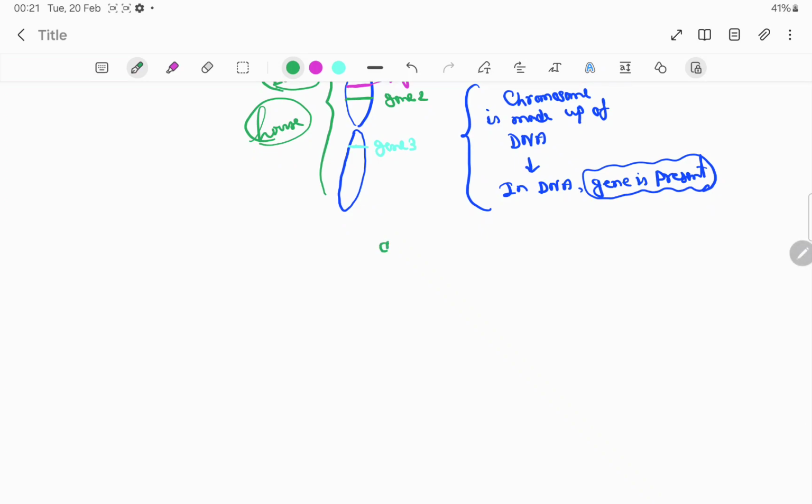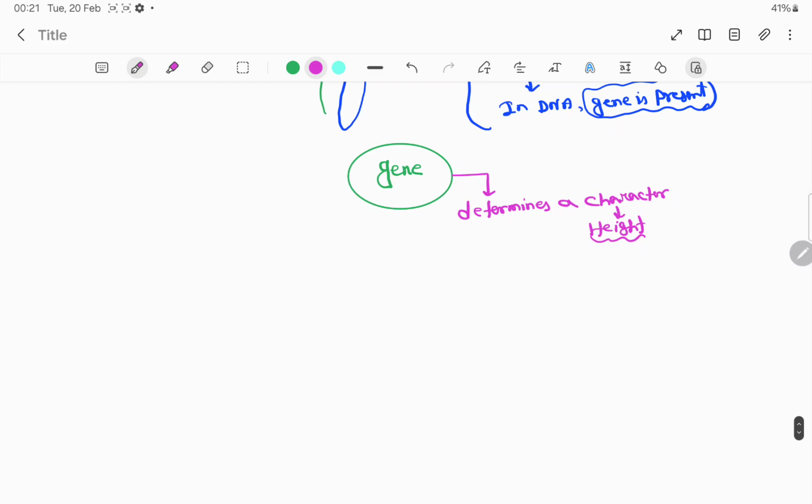Now suppose this is a gene. Clear? Suppose I'm writing the name of a gene, a gene that determines a character, and suppose that character is height. Height is a character.